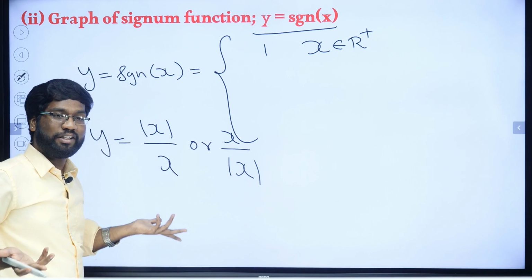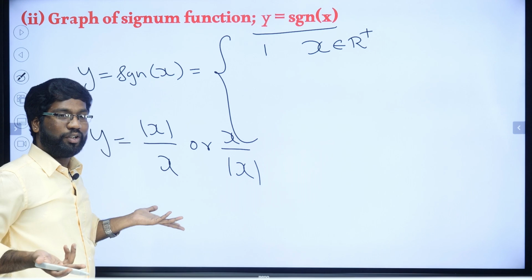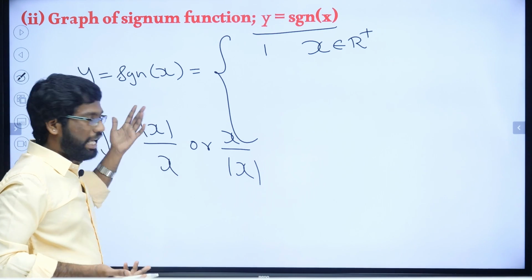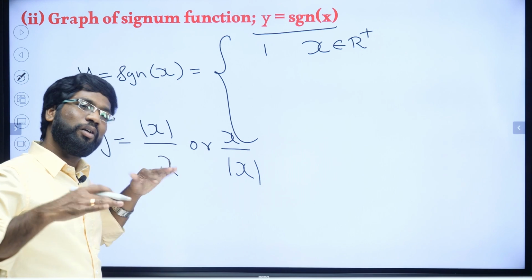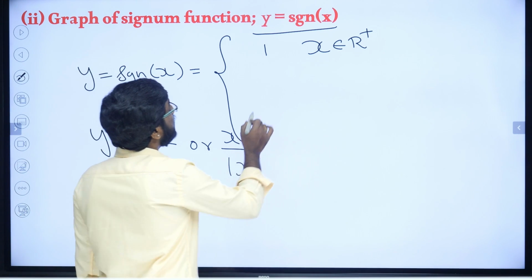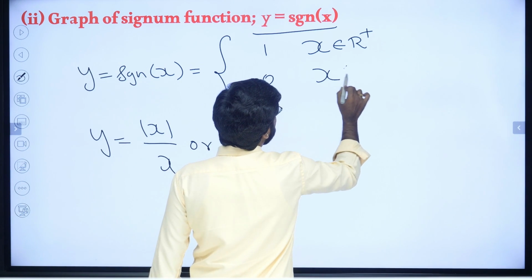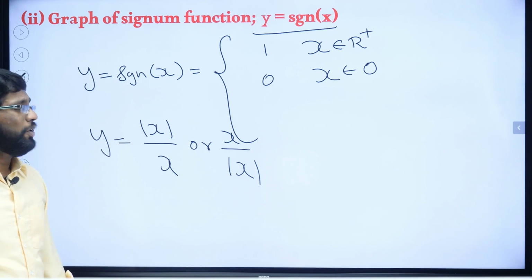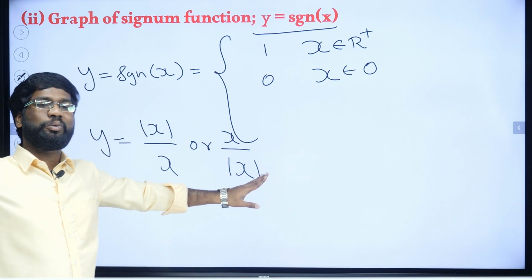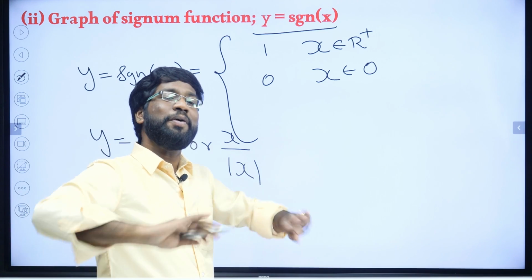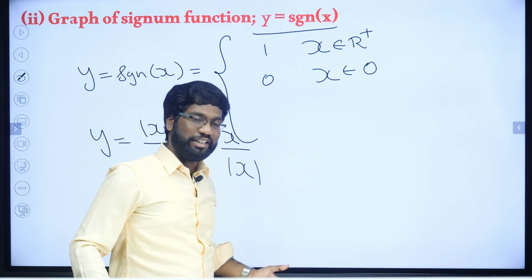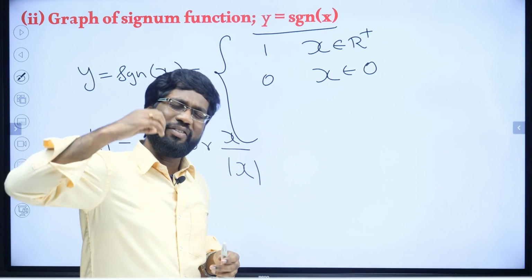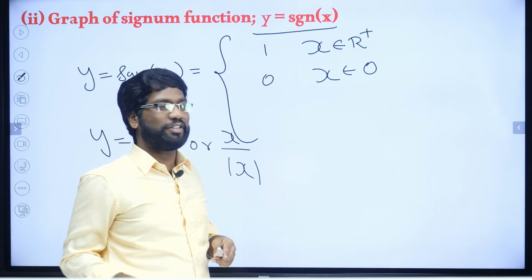So x by x it will become 1 by 1. 100 means 100 by 100, 1000 means 1000 by 1000, 1 lakh by 1 lakh, 1 crore by 1 crore, which is 1. That's all. Then for x equal to 0, this gives 0. 0 by 0 is actually undefined, but here they are taking it as 0. It gives 0 for this function.